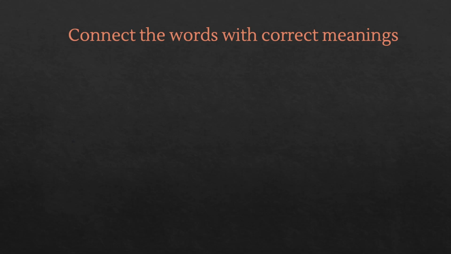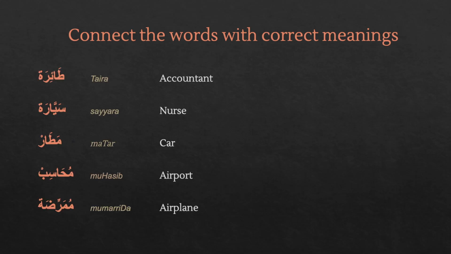you just learned with their correct meanings before I reveal the answer, okay? So this is an exercise to see if you've memorized the vocabulary that we've just covered. طائرة. What do you think طائرة means among these options here? طائرة means airplane.